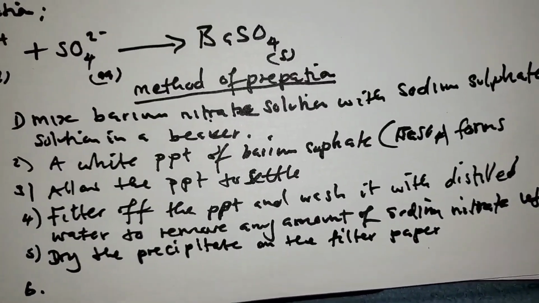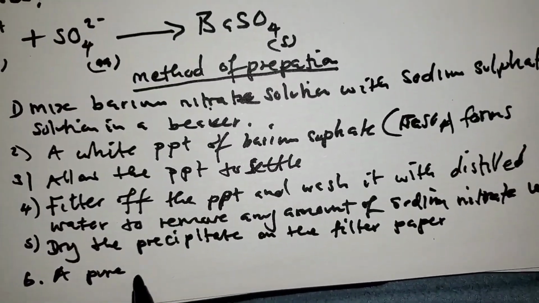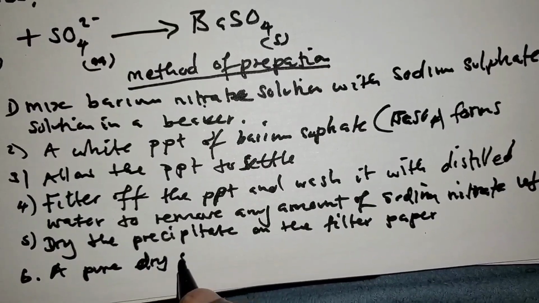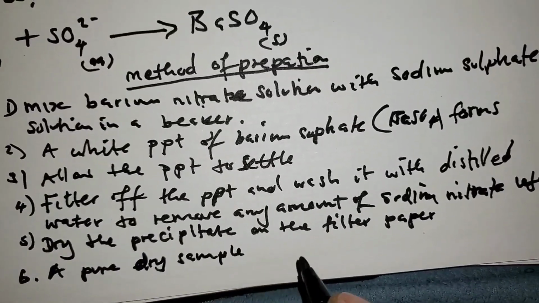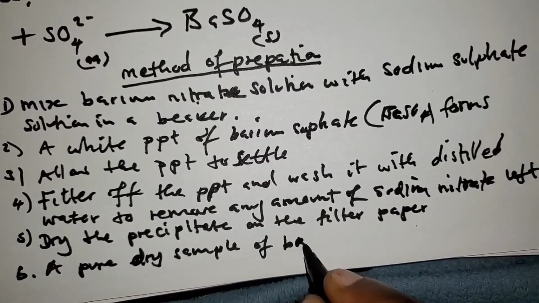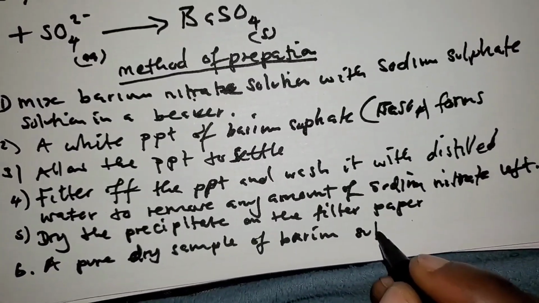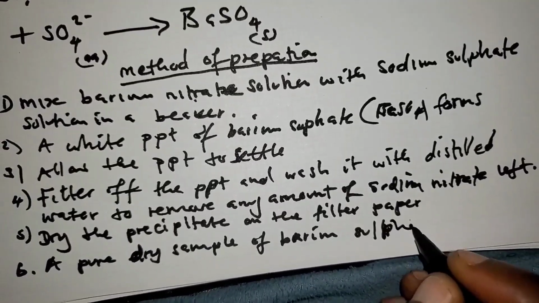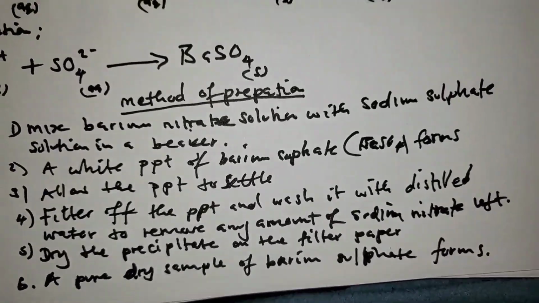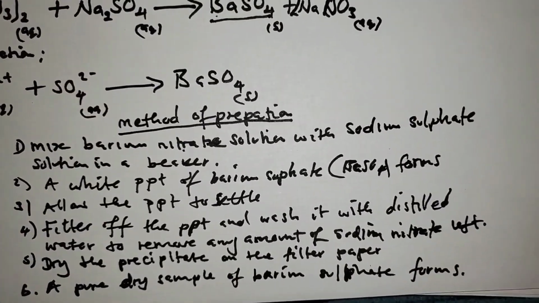The sixth and last step: after drying it, a pure dry sample of barium sulfate forms, according to the question. So this is the method of preparation. This is the actual process.